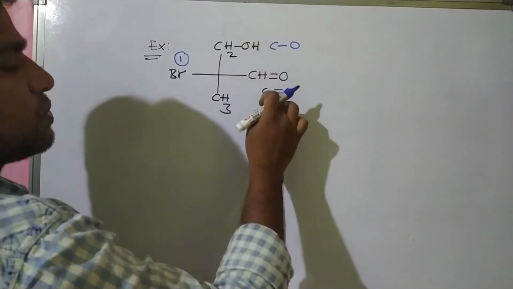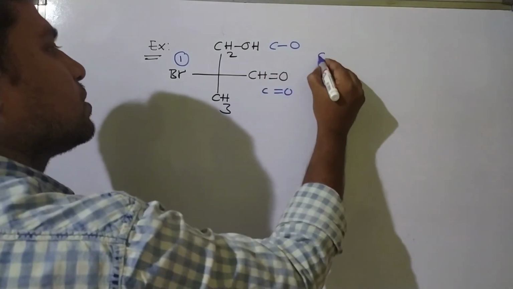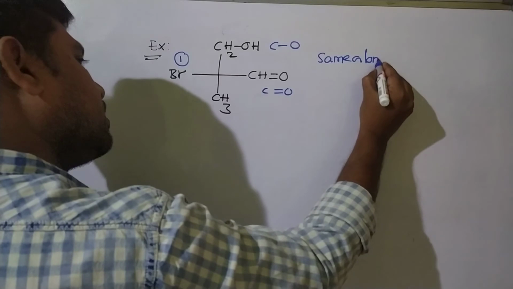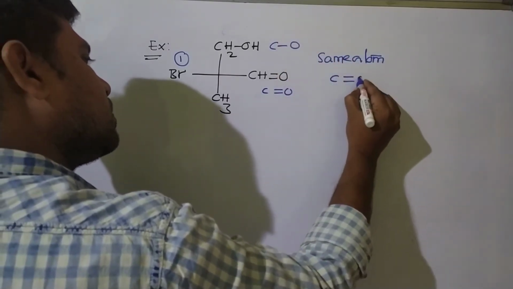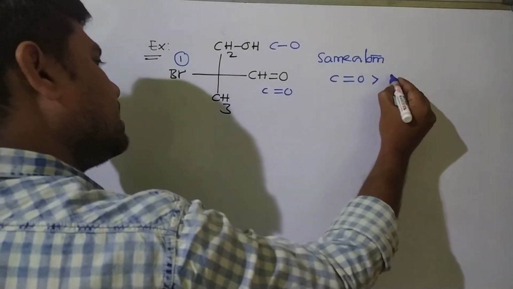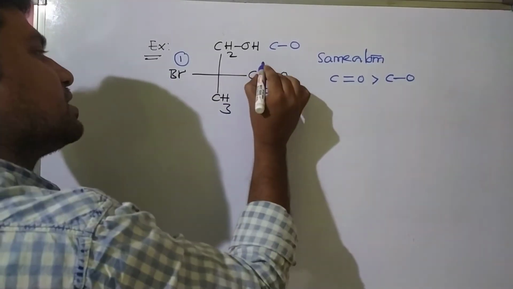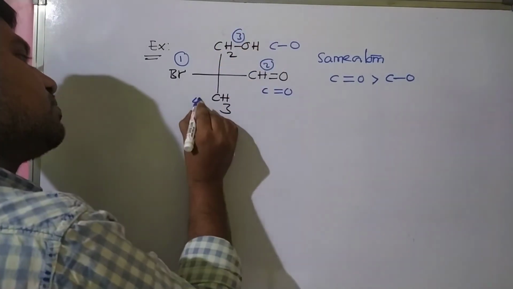Now come to these two. Here C double bond O, this is C single bond O, same atoms. The same atoms are involved in these two groups. So here C double bond is always greater than single bond. Okay, students? So this will get second priority, then this is the third priority, this is the fourth priority.